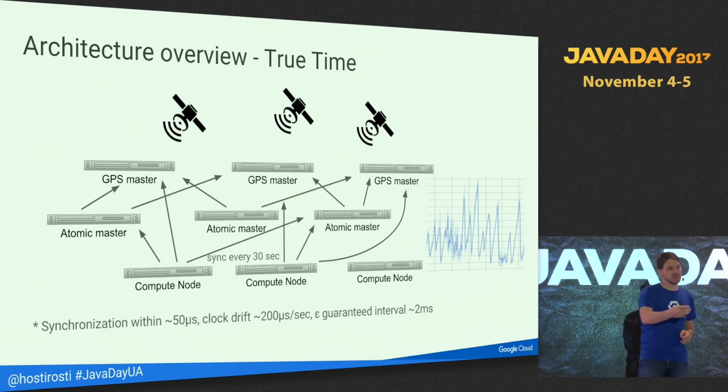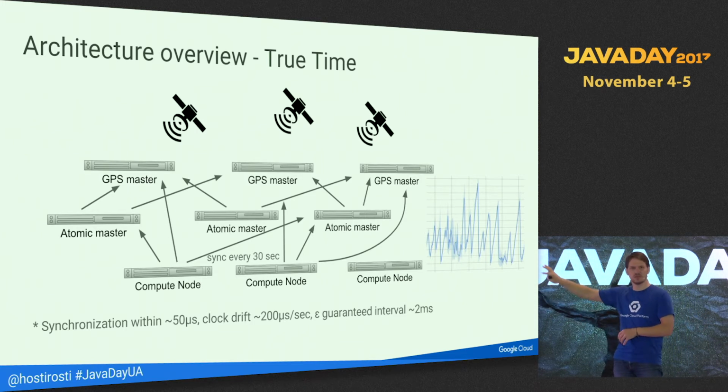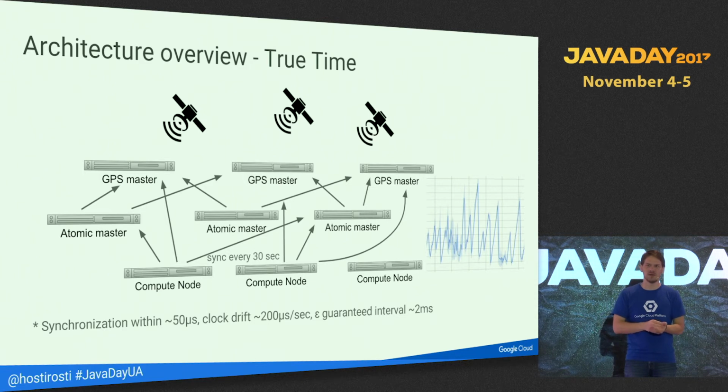And then if we request a timestamp, a TrueTime timestamp, we basically take a subgroup of these time masters. It can be GPS and atomic time masters. We look at all the TrueTime timestamps that we have gotten back. And if there's any outlier, we just basically say we don't trust that time master anymore, and we kick it out. And then we basically take the majority and say, okay, this seems to be a trustworthy TrueTime timestamp.